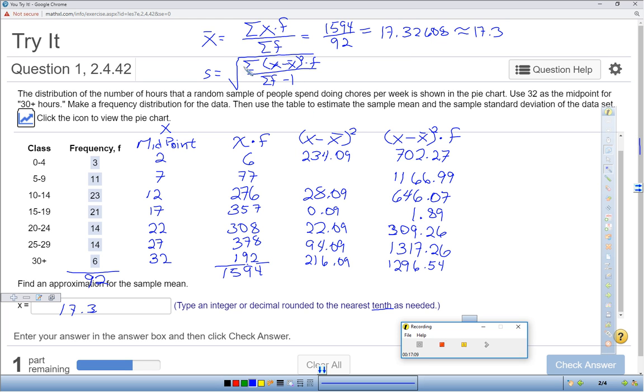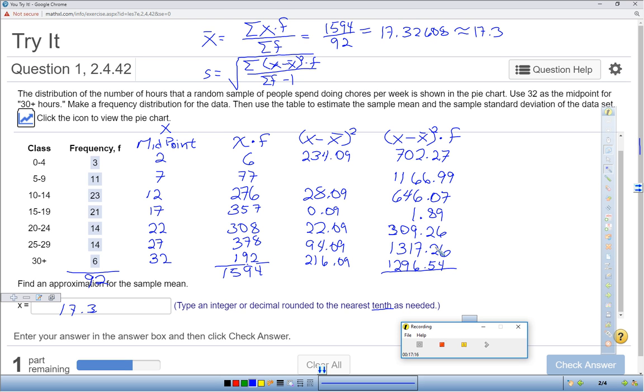So I need to get the summation of the results. Let me use the calculator. I need to be careful. I don't want to mistype a decimal number or something, because then everything will be incorrect.